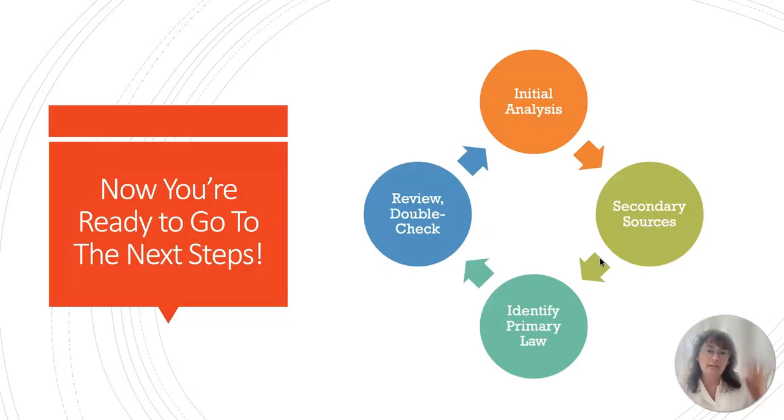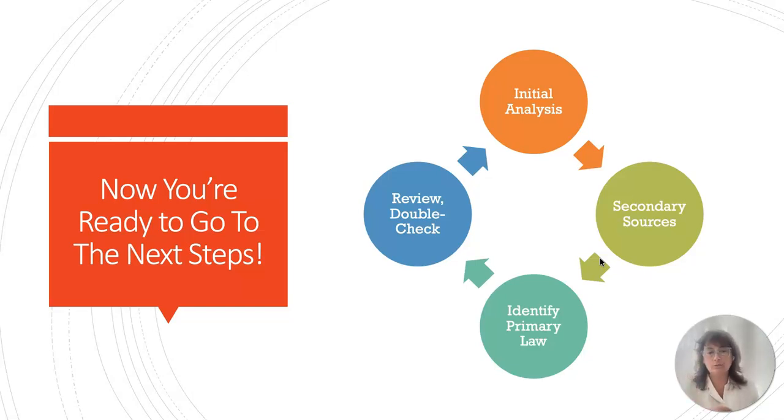So once you've done that initial analysis, it's just the first part of your research process. And the research process, remember, is a cyclical process, right? So from the initial analysis, if you know very little about the topic, the issue, the jurisdiction, then you always want to start with secondary sources, because they give you the lay of the land, and they identify the basic primary cases, statutes, and regulations that you need to be aware of, right?